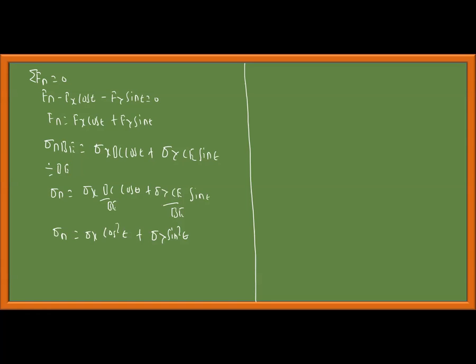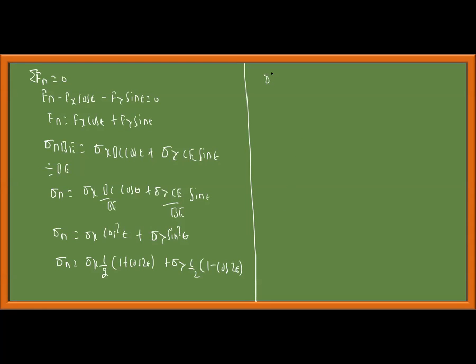Okay, this can also be simplified further. Sigma n is equal to sigma x cos square theta plus sigma y sin square theta. Cos square theta is half into 1 plus cos 2 theta, and sin square theta is half into 1 minus cos 2 theta.